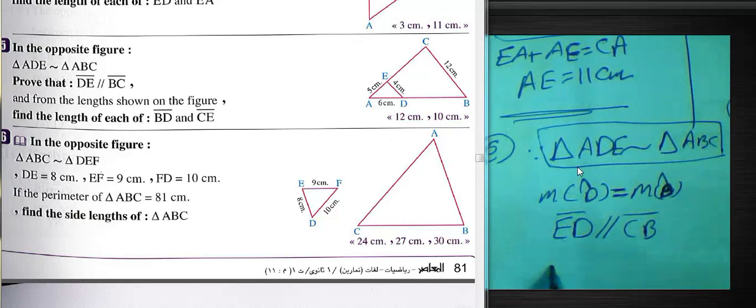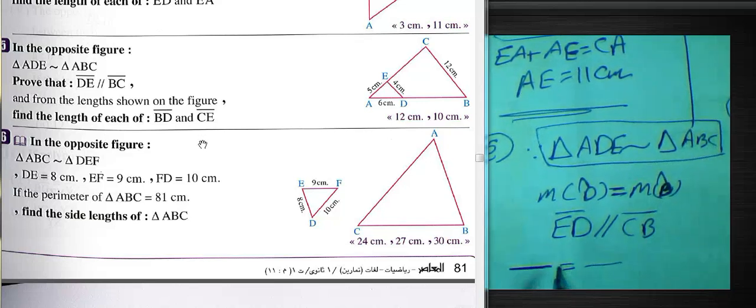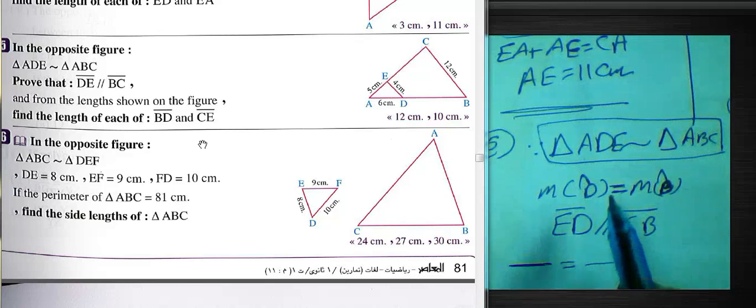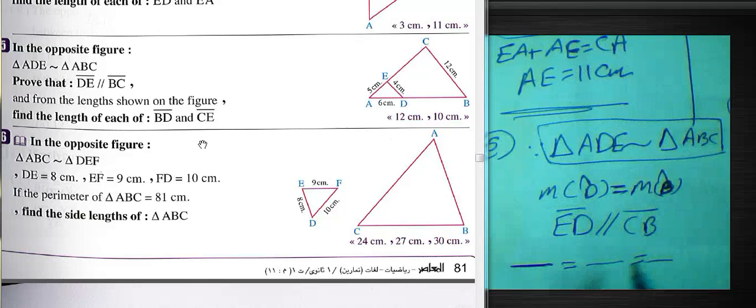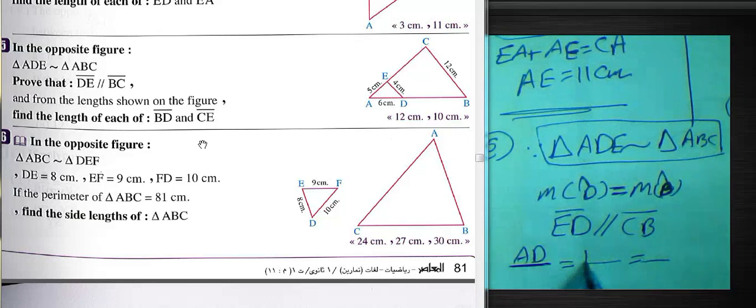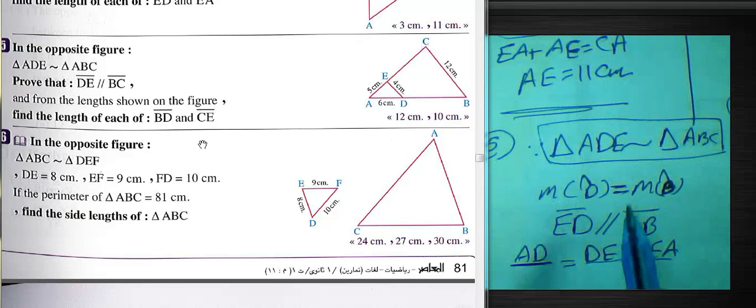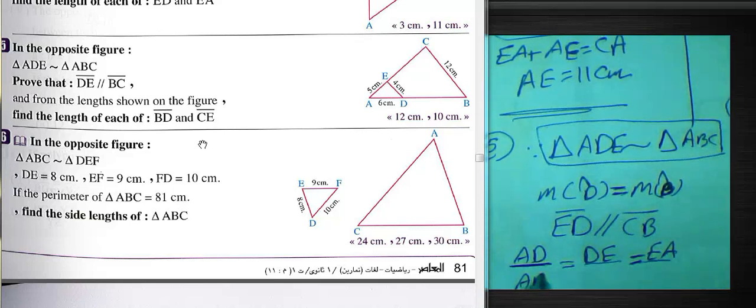Okay, we can complete it to find the lengths of BD and CE. Look at these steps. I will write AD, DE, EA over AB, BC, CA.